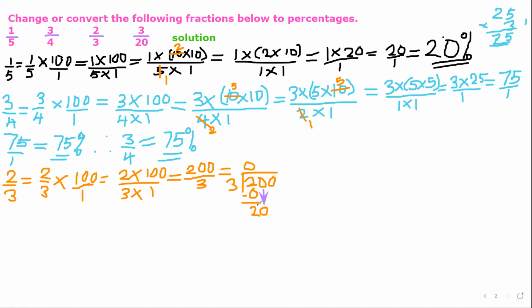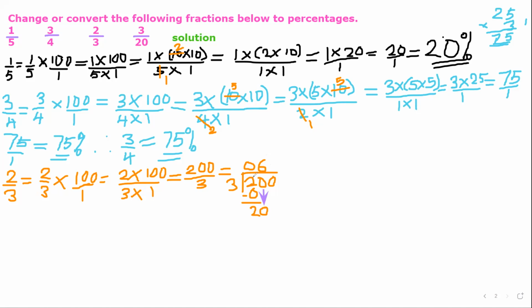Now, 3 sharing 20: 3 times 10 is more than 20, and 3 times 6 is much closer to 20, because 3 times 6 will give you 18. 18 is closer to 20 than any other multiple of 3.